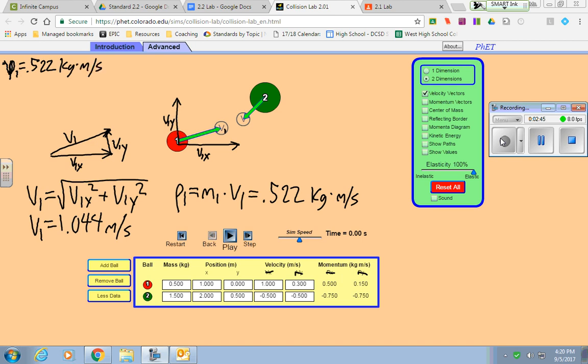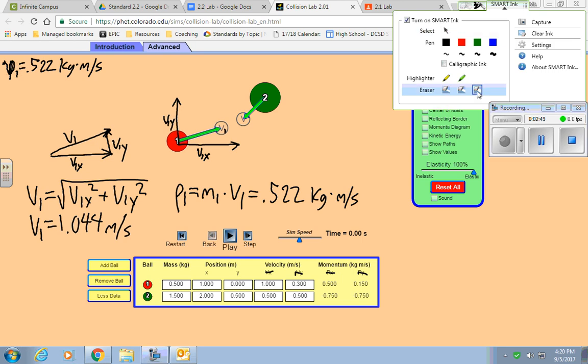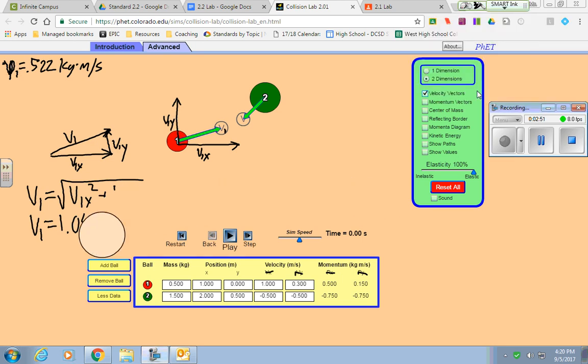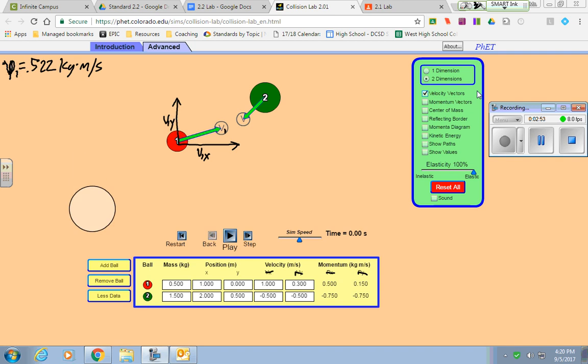All right, and let's get rid of all that velocity stuff and double check our work by doing kind of the exact same thing. But this time we're going to use momentum instead of velocity.